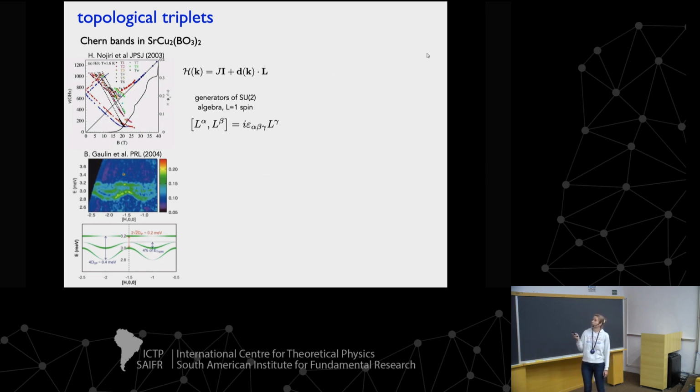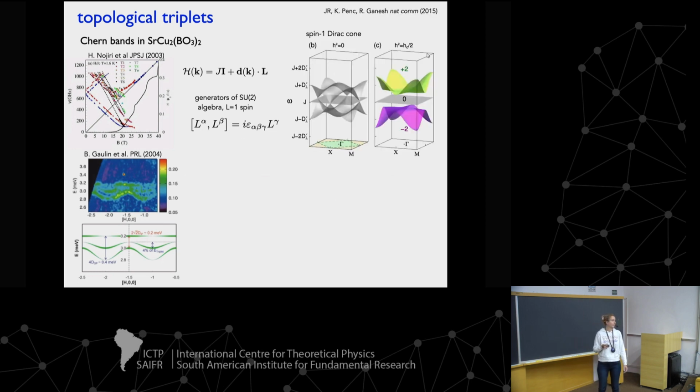This L is a spin-1 operator. These are 3 of the Gell-Mann matrices that form an SU(2) subalgebra of SU(3), so one can think of it as a generalization of the Dirac Hamiltonian into spin-1 Dirac physics. And this is what the band structure looks like.